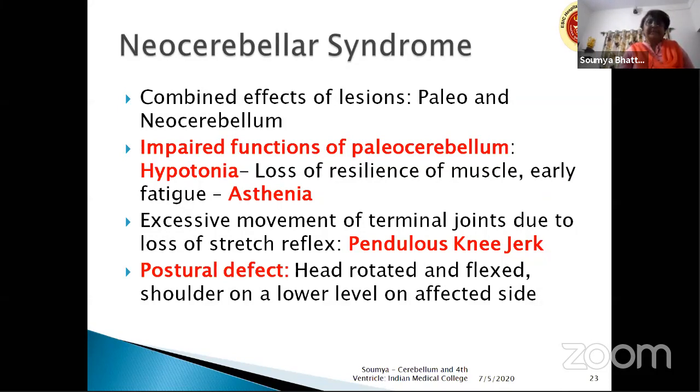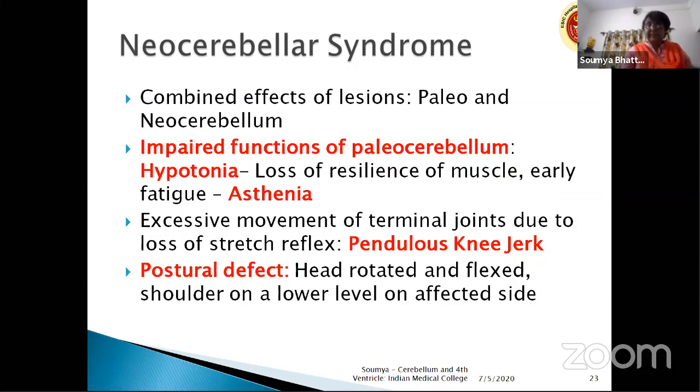Now see, in the paleocerebellum, there can be loss of resilience and there can be fatigue. We call the condition hypotonia leading to asthenia. Excessive fatigue. Fatigue means there is weakness. Now, excessive movement of terminal joints due to loss of stretch reflex is the pendulous knee jerk.